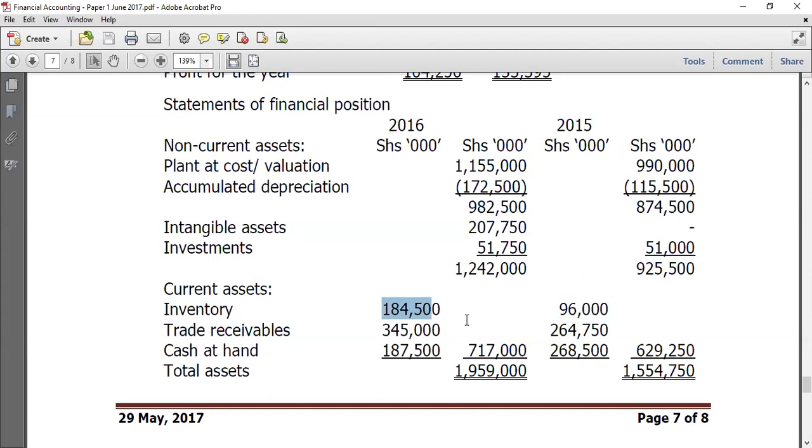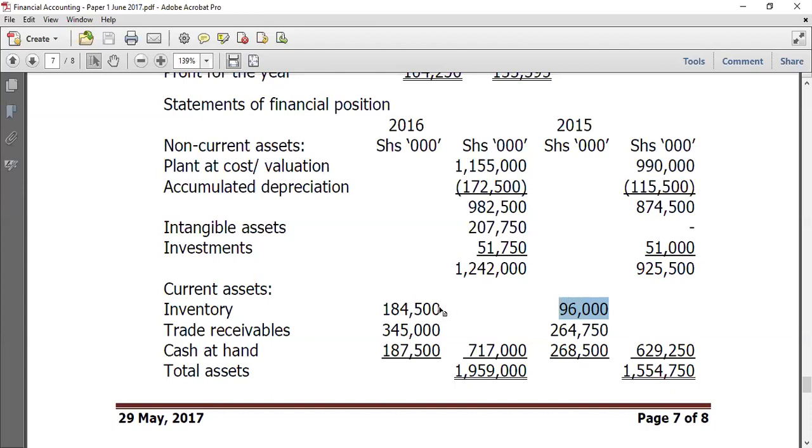So when I say working capital has changed, I'm basically saying that the inventory I started with was 96 and now it stands at 184,500. And what I was trying to mean is that if my inventory increases, like I now have 184,500 and then I started with 96, it means that I actually used more money to bring in this inventory, okay?